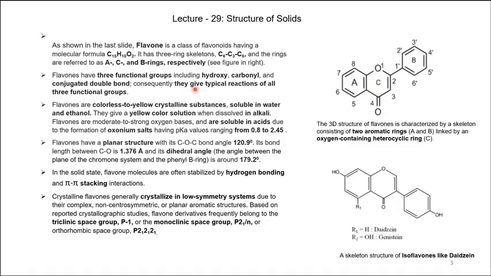These rings are referred to as A, C, and B rings respectively, as given in the figure. You can see that flavonoids have 3 functional groups. What are these 3 functional groups? Hydroxy, carbonyl, and conjugated double bond.